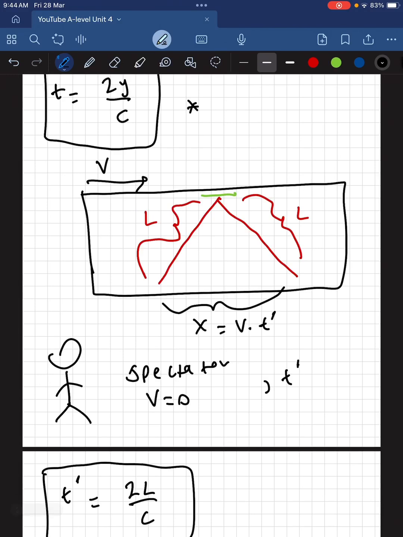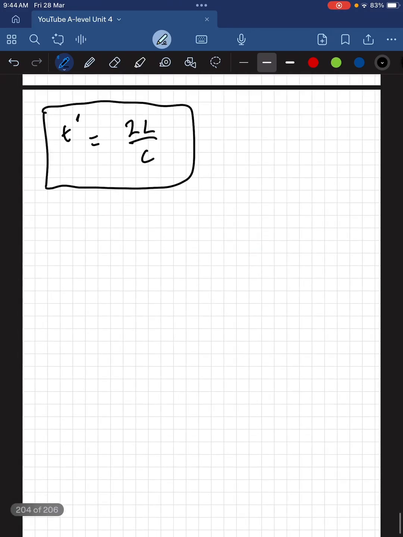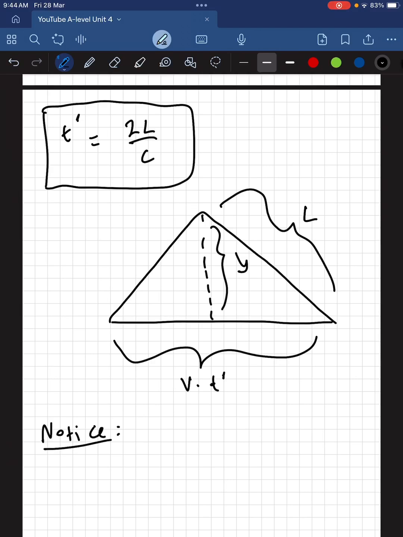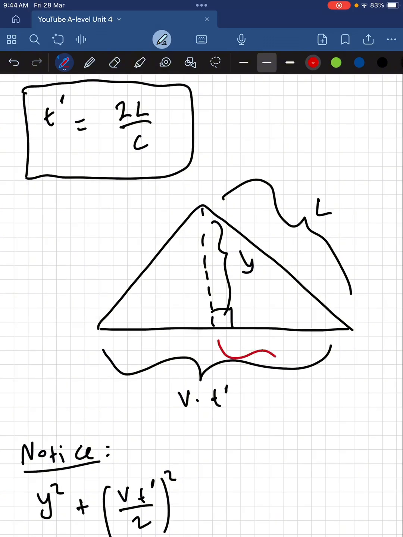Now, remember that, actually, let me draw it over here. So let's draw the triangle. So this is the situation. We said that this is equal to v times t prime. This is L, and this was y, right? Remember that? So notice this is a right triangle. So y squared plus v t prime over 2 squared, because we are dealing with this side.